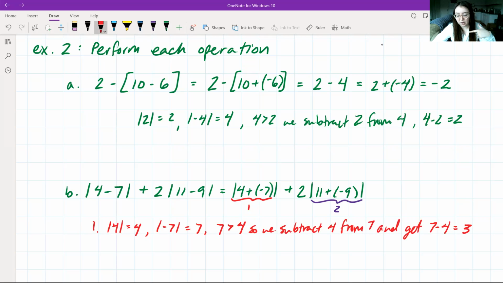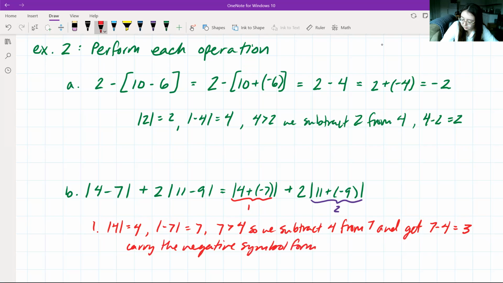But remember, our greater absolute value in this case was 7, which was originally a -7. So then we carry the negative symbol from -7 to get -3. So our value here is -3, and remember, inside of our absolute value.